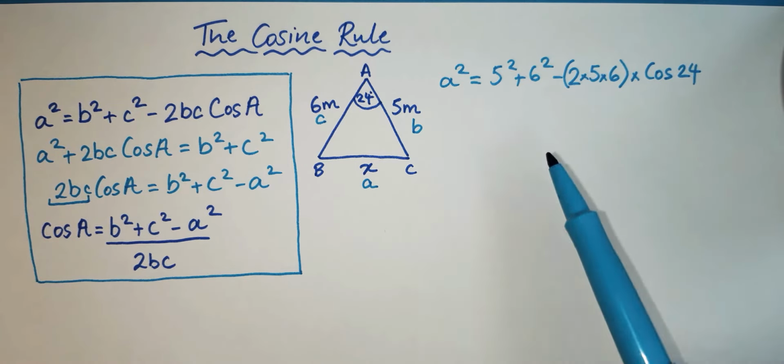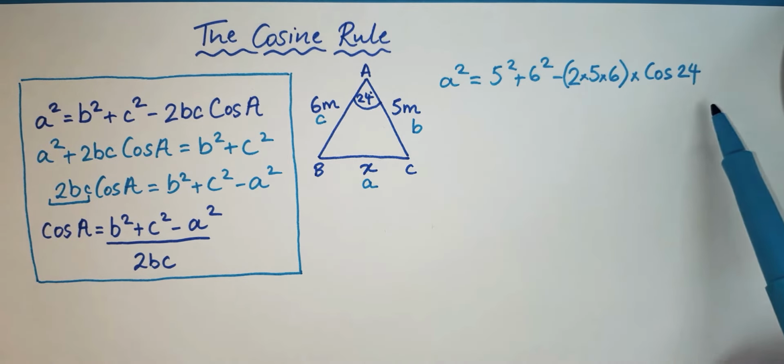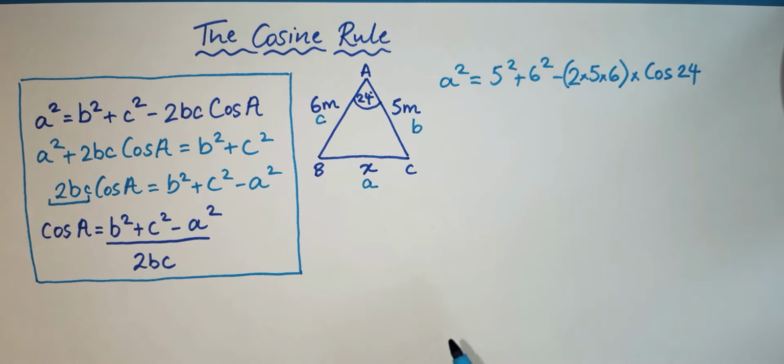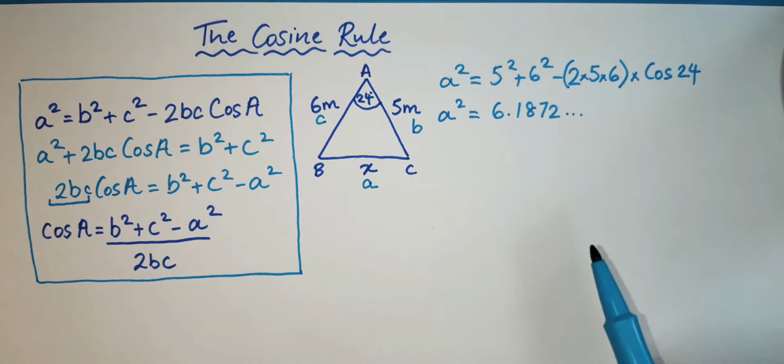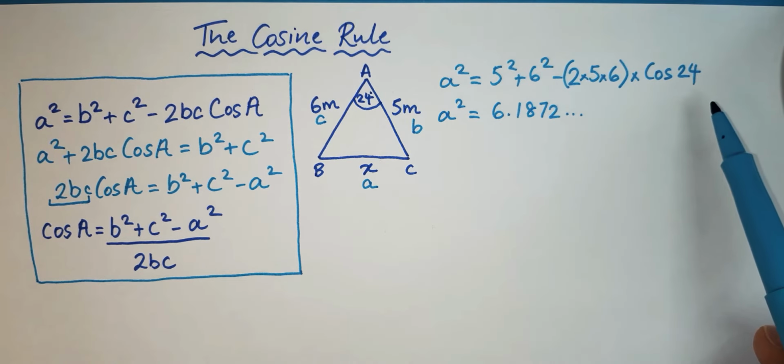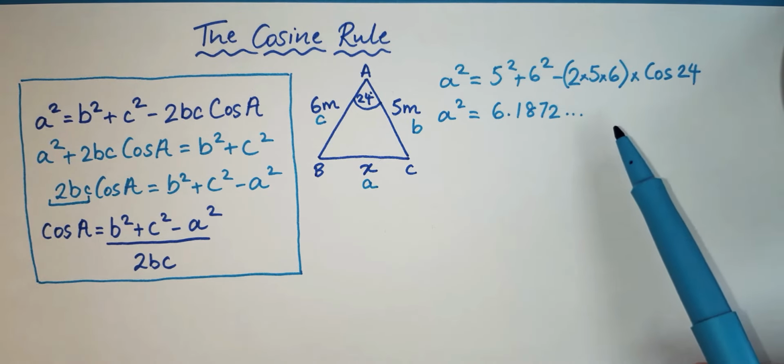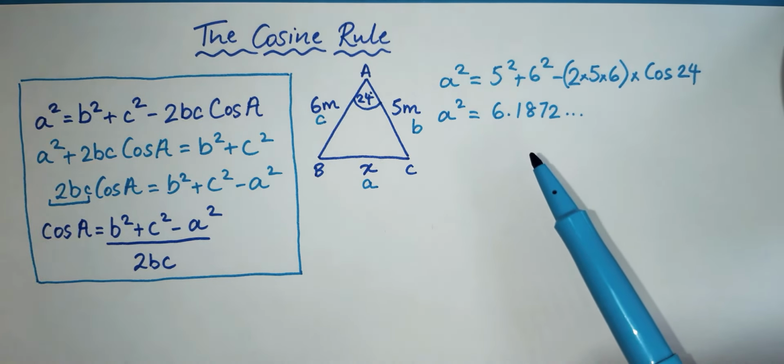So now we put all of this into our calculator and we get a value for a squared. So here's the value. It's 6.187272541. That is the value when you plug this into your calculator. And all we have to do now is just square root this number.